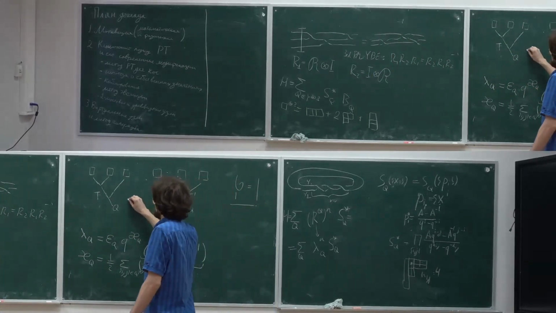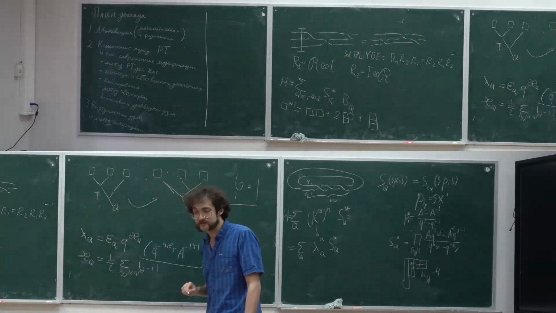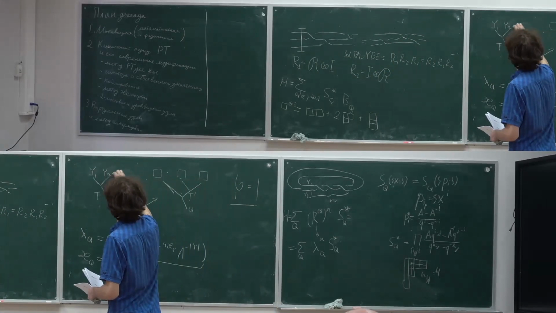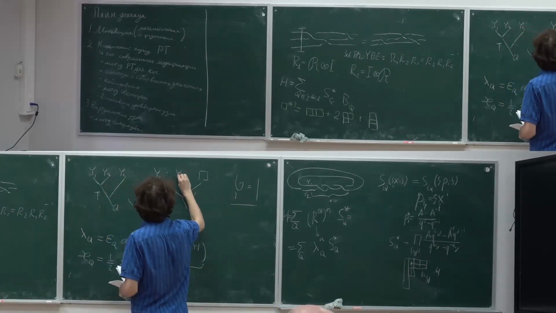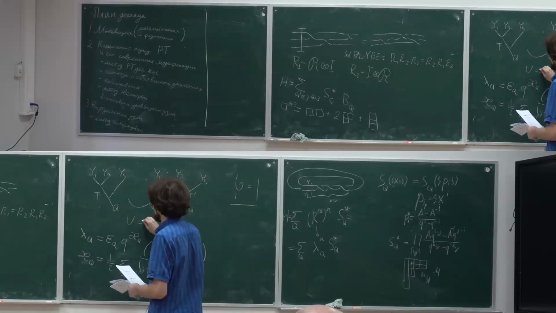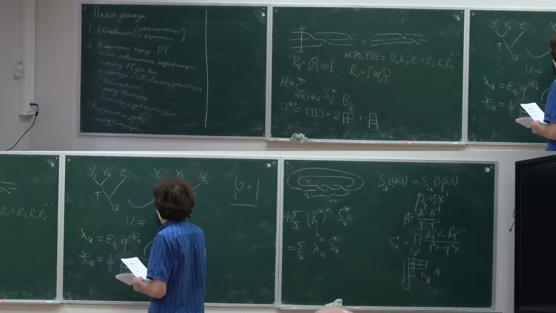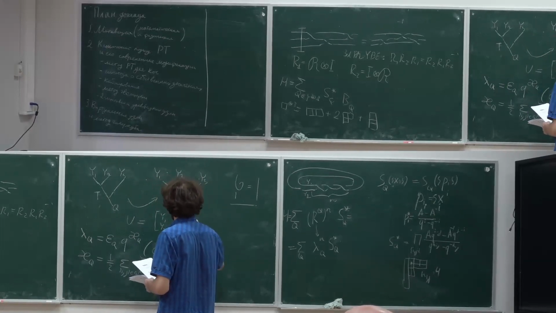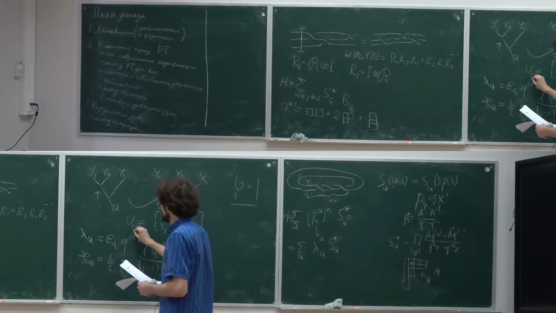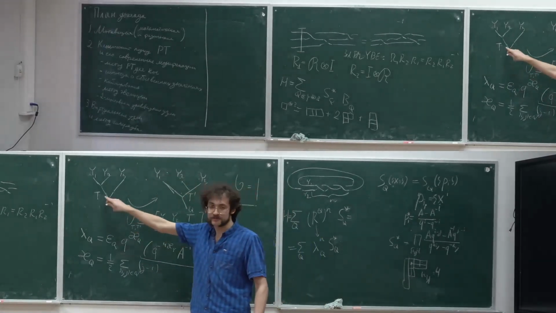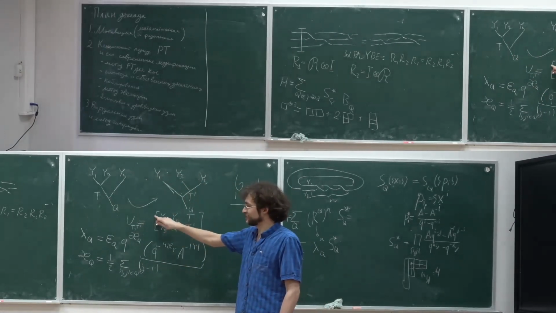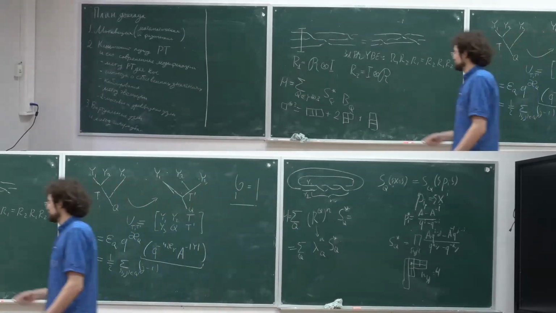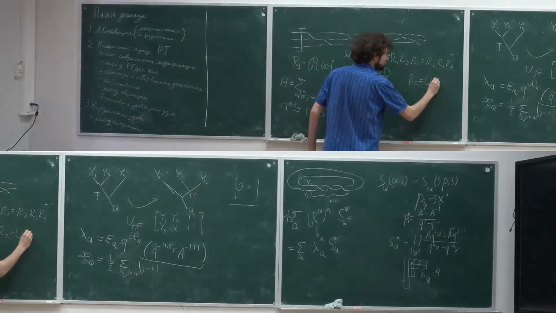And in general, these 2 bases are related by a 6j symbol or a Racah matrix. So if I put here some general representations, then this will be matrix U, which is equal to a 6j symbol. Its matrix elements are enumerated by these representations here, and the matrix element corresponds to the following 6j symbol. And this gives us the following formula that R2 is equal just to this.